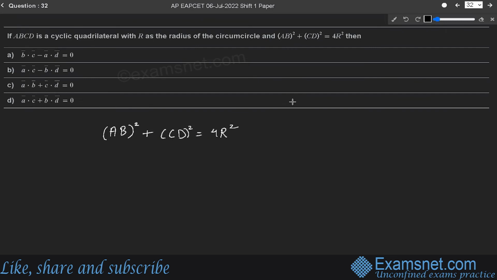There is a very basic concept that if ABCD is a cyclic quadrilateral and AB square plus CD square is equal to 4R square, then AB will be equal to A vector into B vector and CD will be equal to C vector into D vector. Therefore, we can write it as A vector into B vector plus C vector into D vector will be equal to 0. Therefore, the correct option here is option number C.